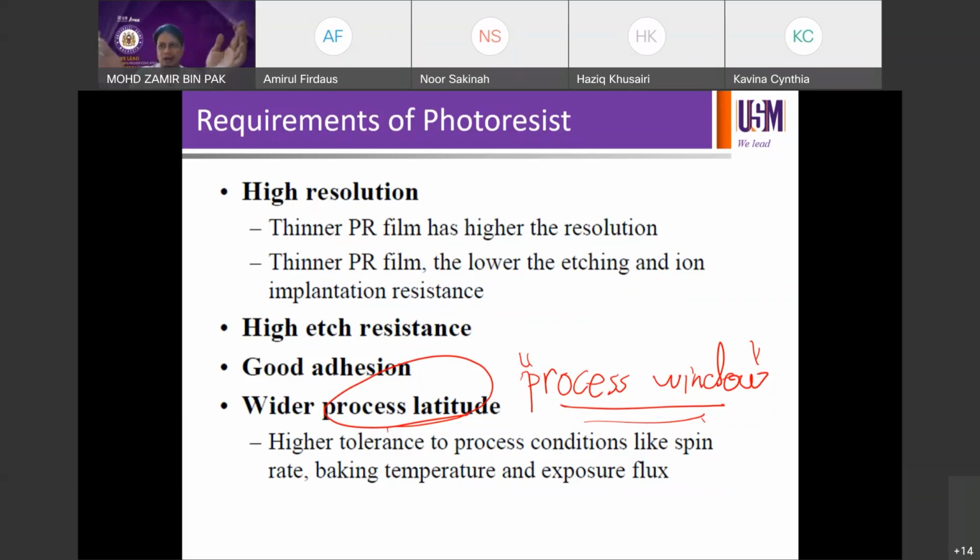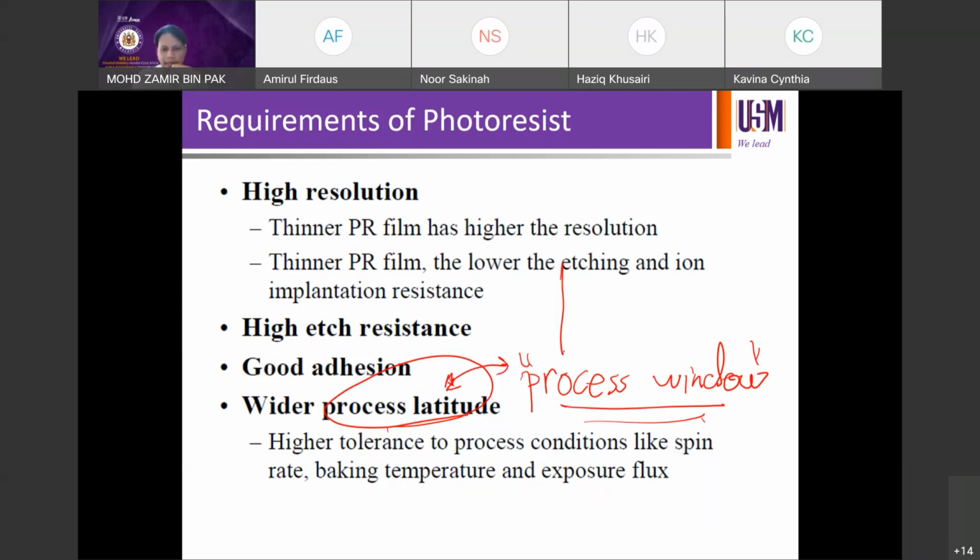A wide process window allows a wider fluctuation of the process, so your process can afford to fluctuate without a detrimental effect on the final devices. However, if you have a narrow process window, you can't afford as much variation. Even slight variation will alter the CD significantly and that will affect the next processes. So we aim for a very wide process latitude or wide process window.